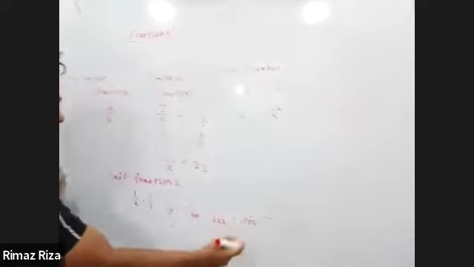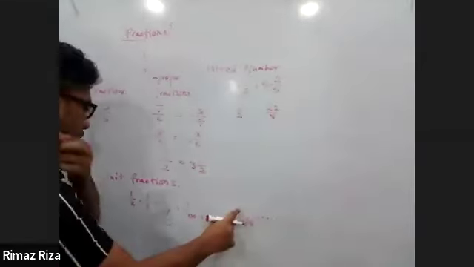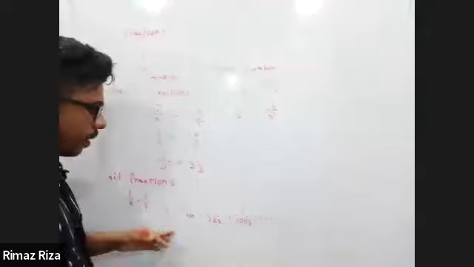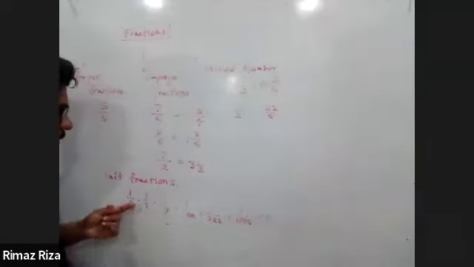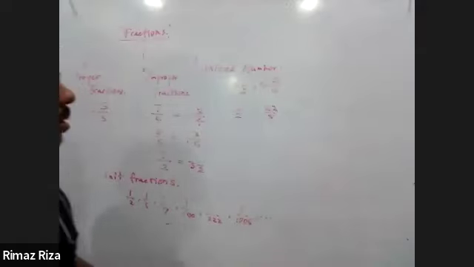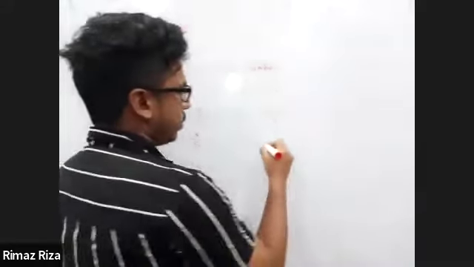So anything over 1, the numerator is 1 and the denominator can take any value. So these are unit fractions. In the numerator you have 1. Okay. And then we discussed equivalent fractions.